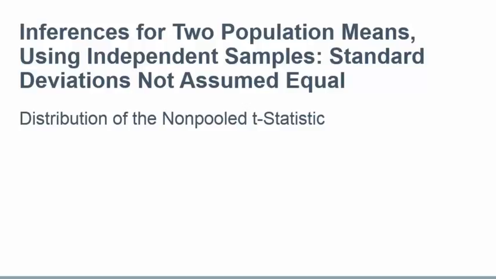To recap, inferences for 2 population means using independent samples, standard deviations not assumed equal. Distribution of the non-pooled t statistic.